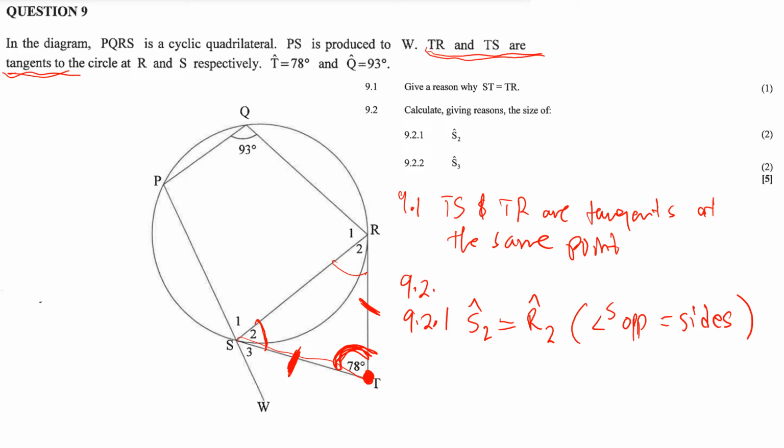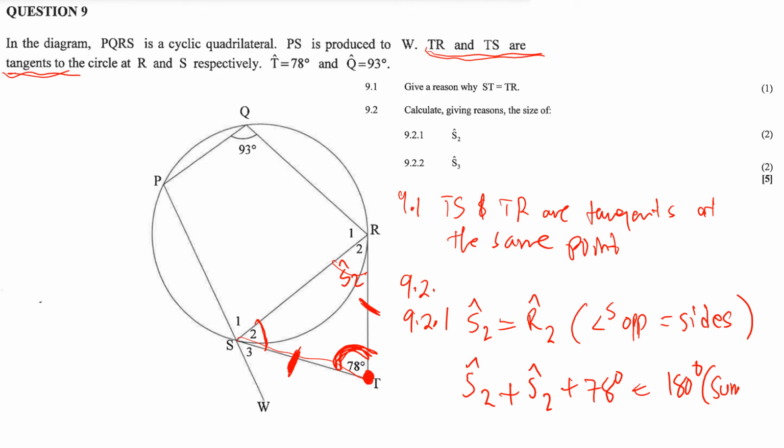Now we have angle S2. Where there is R2, we know that is the same also as angle S2, because we've just proven that they're equal, plus 78 degrees. Sum of angles of a triangle is equal to 180 degrees.